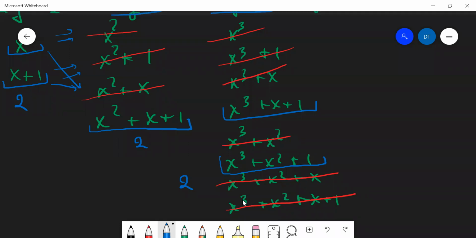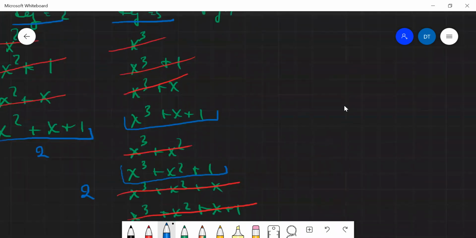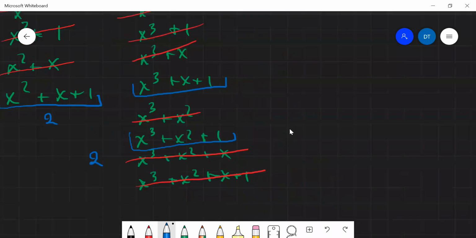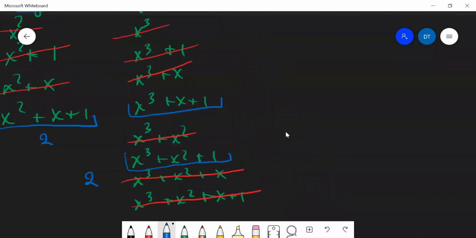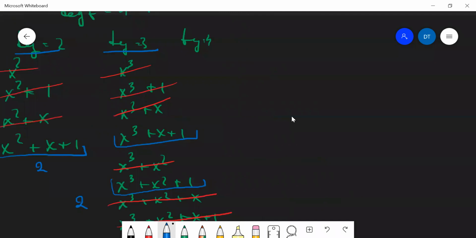Now, how do you compute irreducible polynomials for degree 4? Well, you have to repeat exactly the same procedure. But let's try to compute the number of irreducible polynomials of degree 4 instead of computing exactly what the polynomials look like.